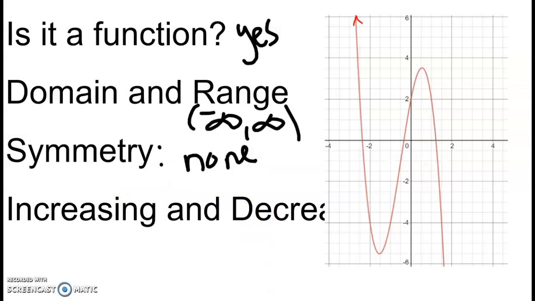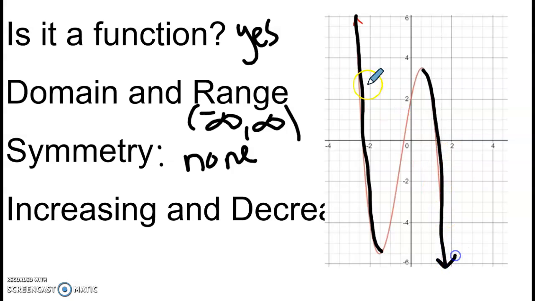Where's it increasing and where's it decreasing? I can see that my graph is going down from here to here and also from here to here. So I'm looking for this spot on the x-axis. That's where I stop decreasing.